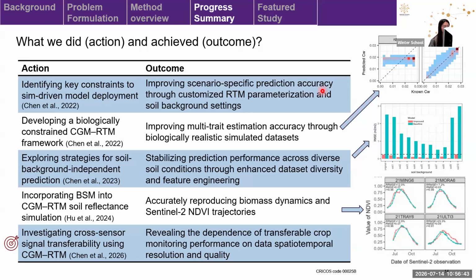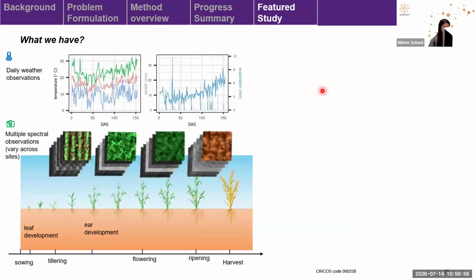Here I want to highlight the latest work we recently published, about how to investigate crop sensor signal transferability. So the problem is, we can imagine that we have some daily weather data observation, and also we have multiple spectral observations.